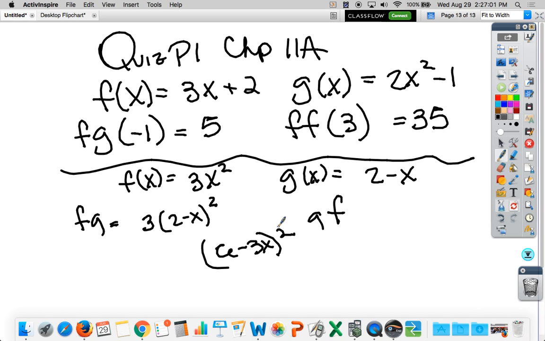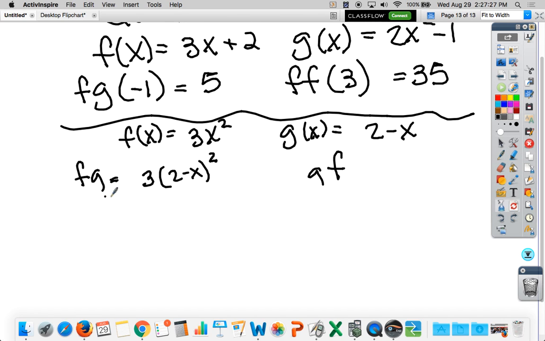PEMDAS. You have to do the exponents first and then multiply. So I don't want to see anybody doing that. I don't think anybody would think that that is 6 squared. You would do 9 times 2. So you would not do the same thing if you had this situation. So what you need to do is make sure that you multiply.